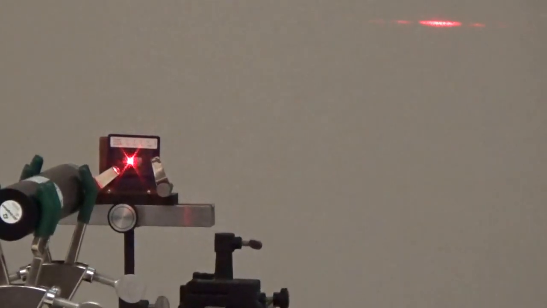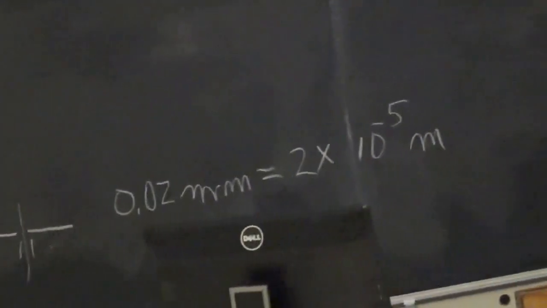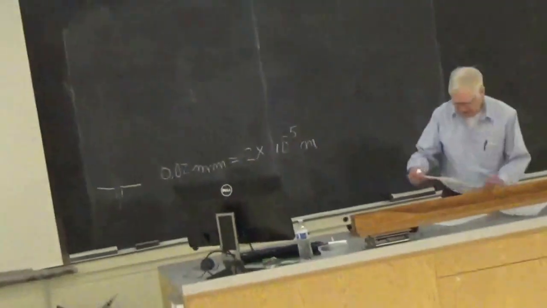Then the laser light comes through, and the photons are approaching the slit with a certain momentum, which I'll write down in a minute. In fact, I might as well. I brought some notes here.